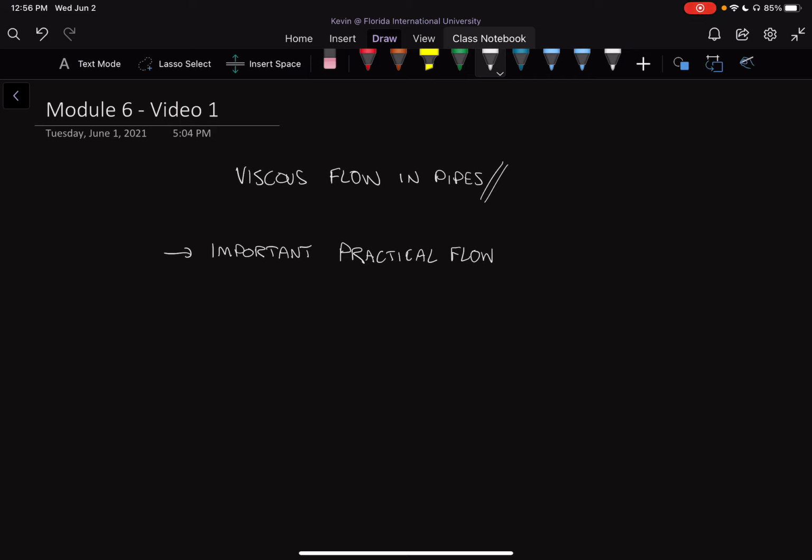Using our knowledge from the previous modules, we are now able to study this more specific application and see how engineers in the past came up with solutions to piping problems. We know that there are no exact solutions to the Navier-Stokes equations, and a differential approach doesn't really yield an exact solution.